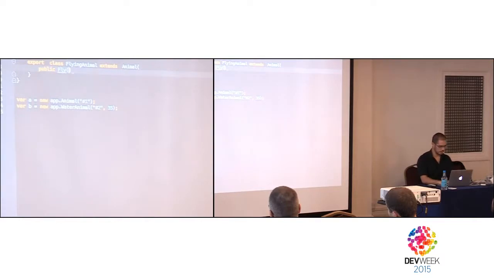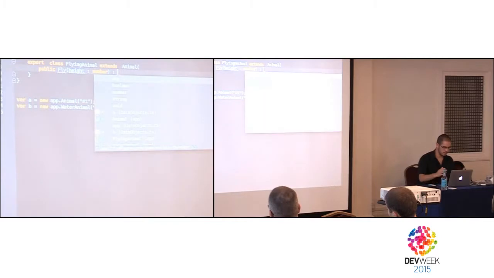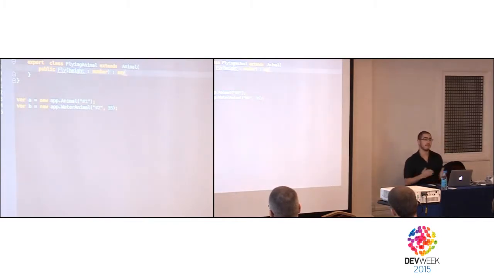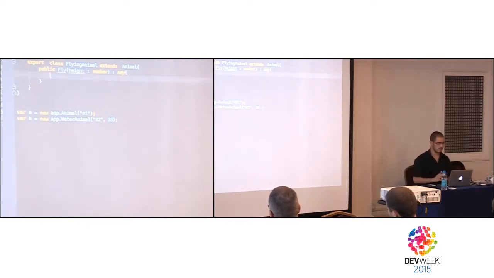And fly gets an int, height, and returns, let's say, any. Any actually means like an object. You can pass anything you want. Great, wonderful. So this is the flying animal.